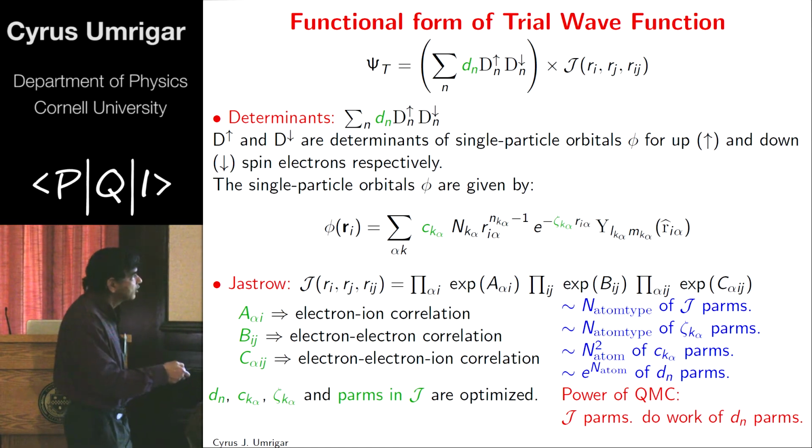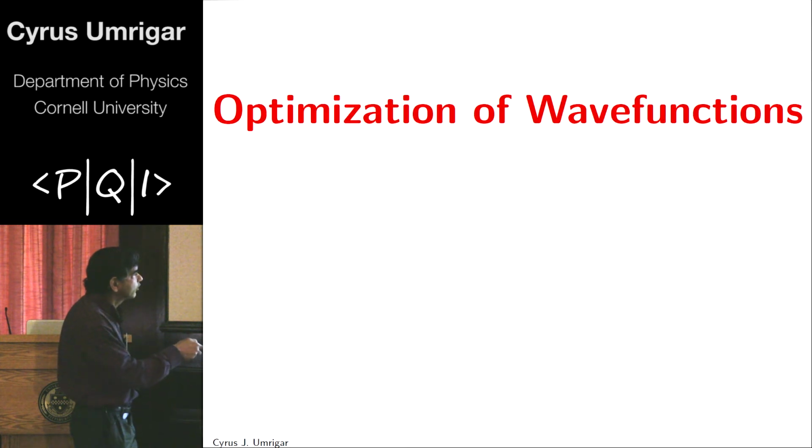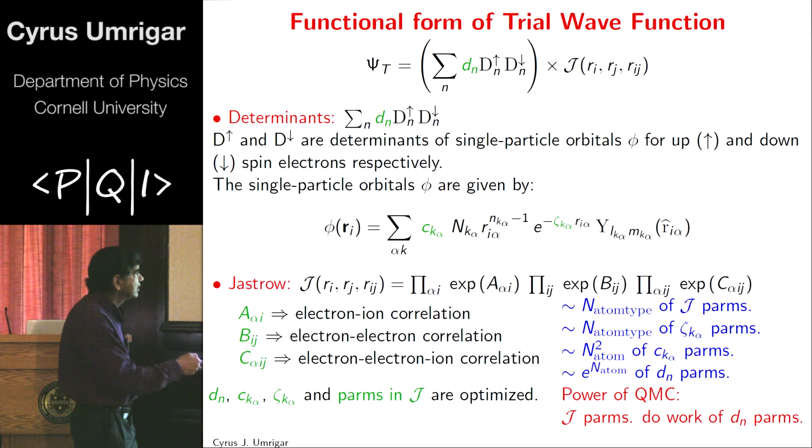If one looks at the different kinds of variational parameters, the number of Jastrow parameters only scales with the number of atom types that one has in the molecule or the solid. The number of exponents also scales with the number of atom types. The number of these coefficients scales as the number of orbitals times the number of basis functions, so that scales as the square of the number of atoms.